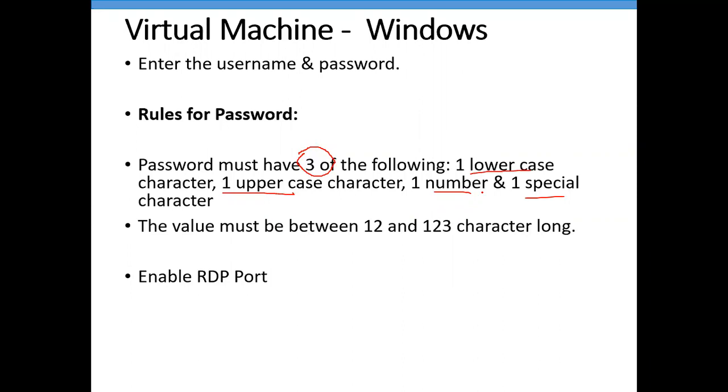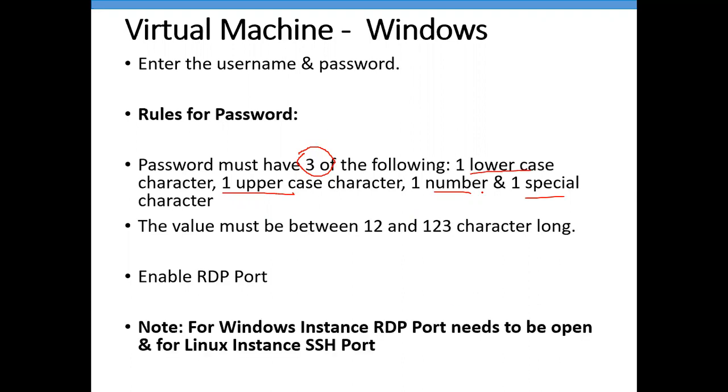Now, if you want to connect any Windows machine, it is mandatory. We need to enable which port number? RDP port number. It is mandatory for Windows machine. In the same way, in our upcoming session, when we come to Linux, the SSH port needs to be enabled.